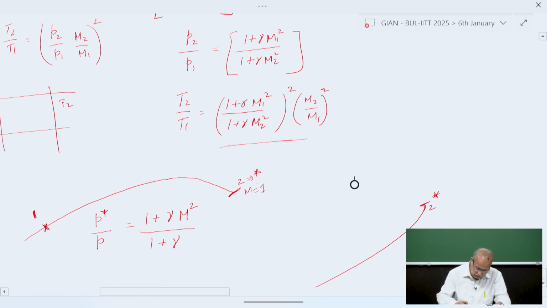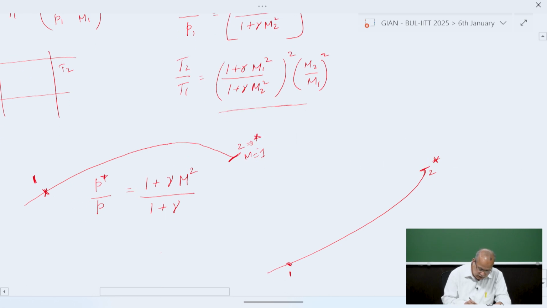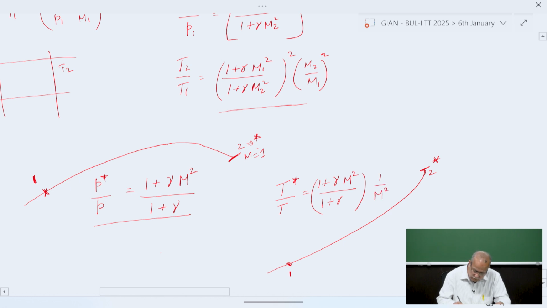So this is the same whether it is the upper branch or the lower branch. Similarly, we can write here T star by T is equal to 1 plus gamma M square by 1 plus gamma into 1 by M square. Is that clear?